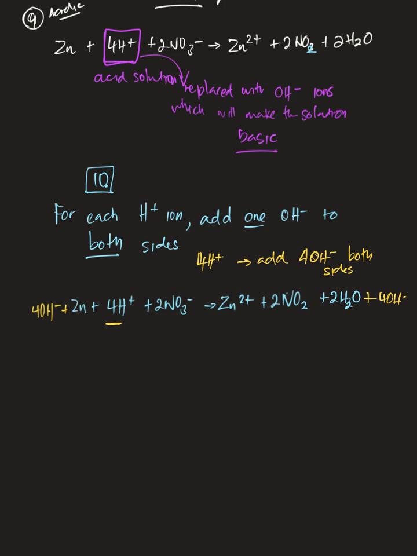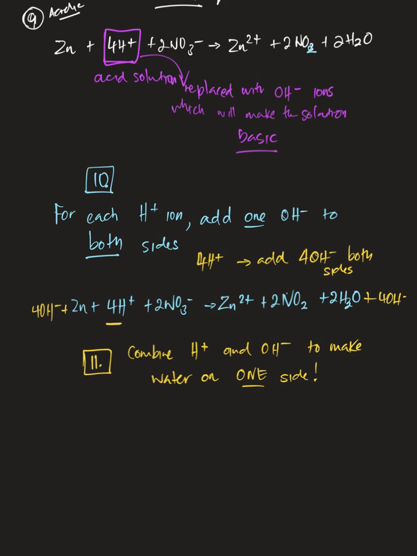Then step 11. What happens in step 11 is that we must combine the H plus and OH minus to make water, on one side, because the H plus only exists on one side.